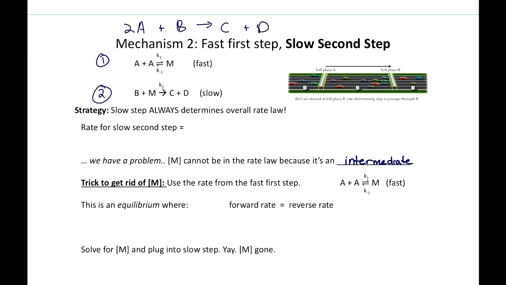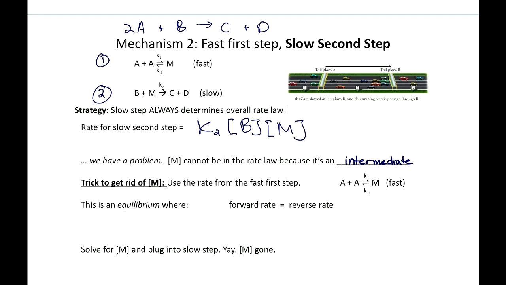Okay. So for all reaction mechanisms, the slow step is what determines the overall rate of the reaction. So what is the rate law for the slow step? It is K2 times the concentration of B times the concentration of M, because in this case it's the second step.